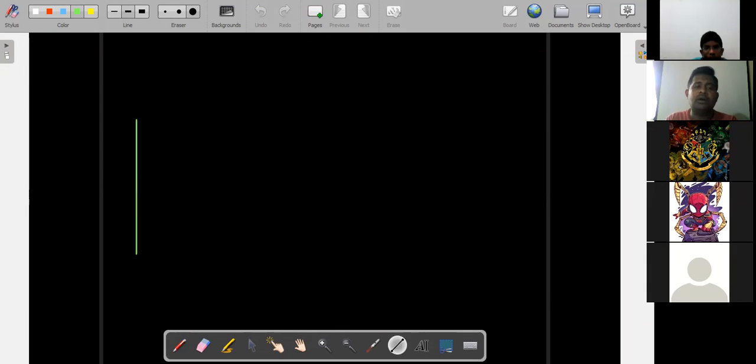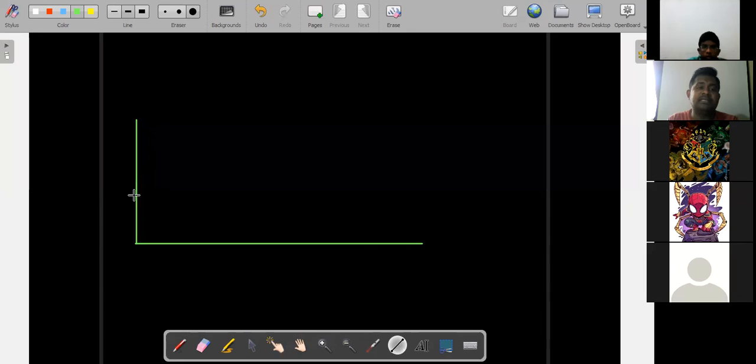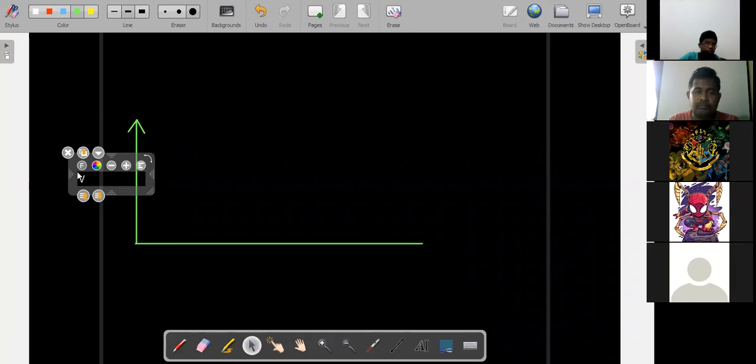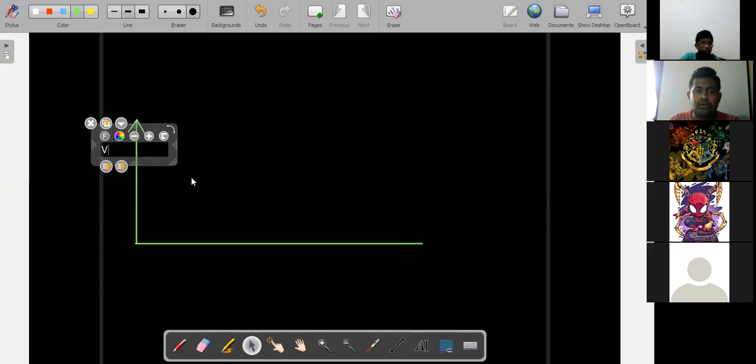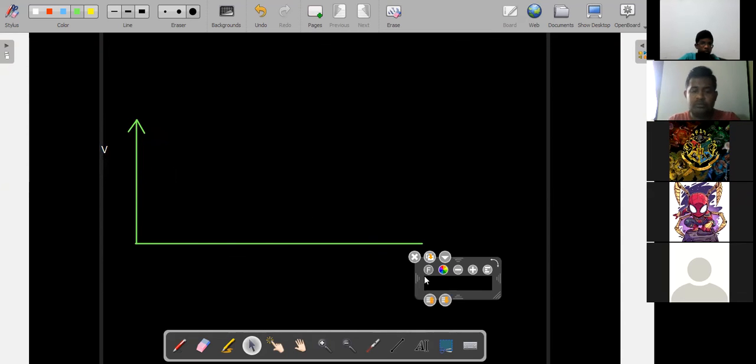When we draw a graph to explain these particular signals, first I'll explain about the digital signal or binary signal. Now we take a graph. This side we put voltage, this side time. Right, time.